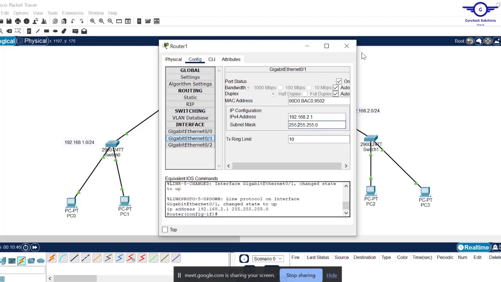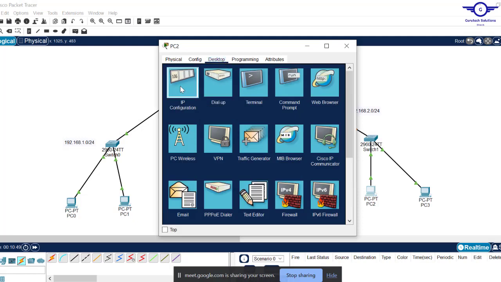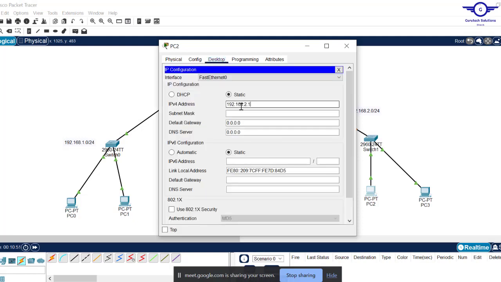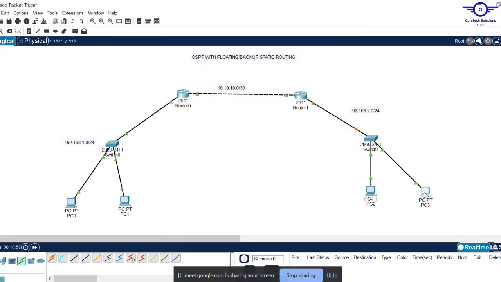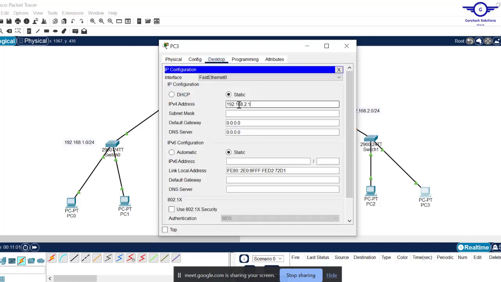Copy that. All right. So to the PCs, let's say 2.10. Then this one is 2.20.